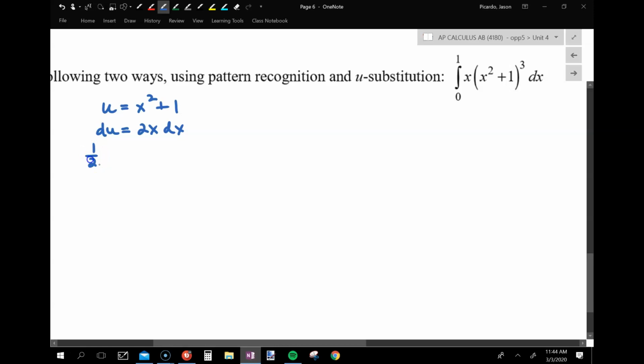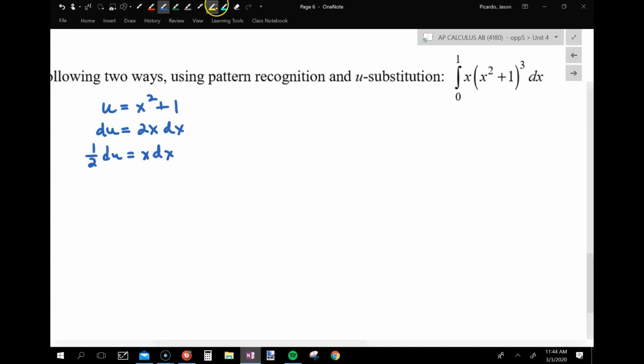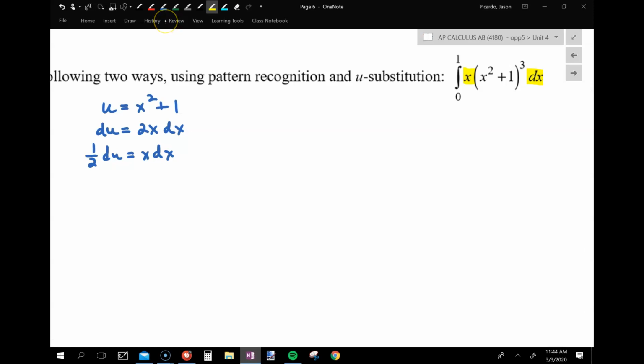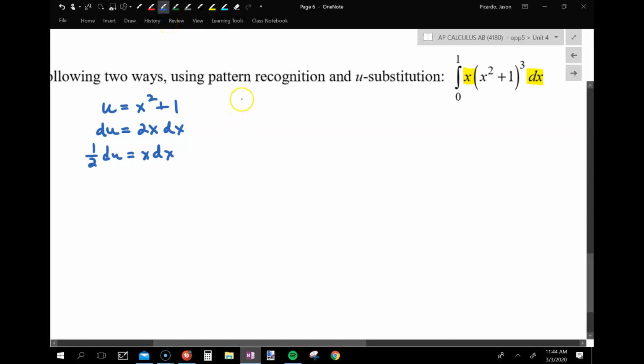And so a half of du will give me an x dx. There's my x, there's my dx, right? So now I can rewrite this as a half of u cubed du. Everybody agree with that?